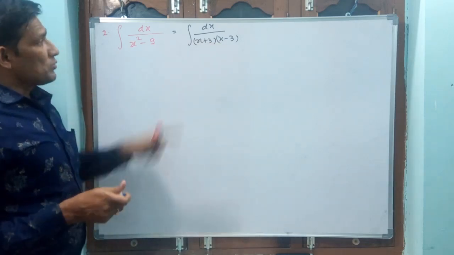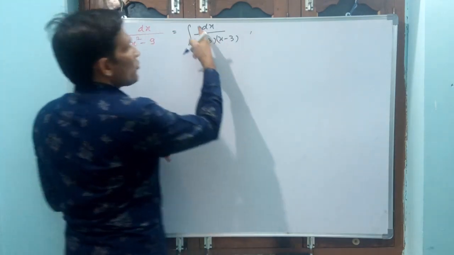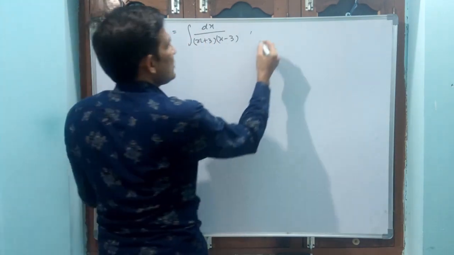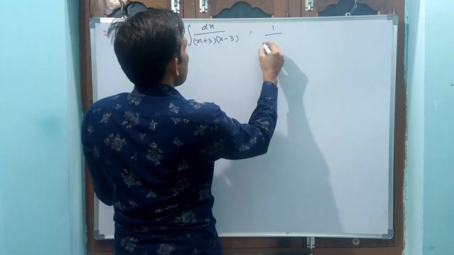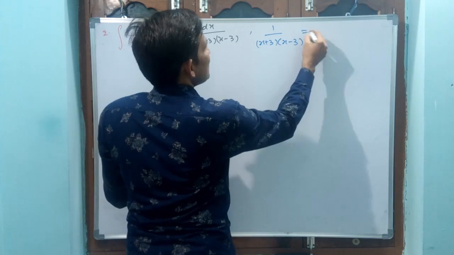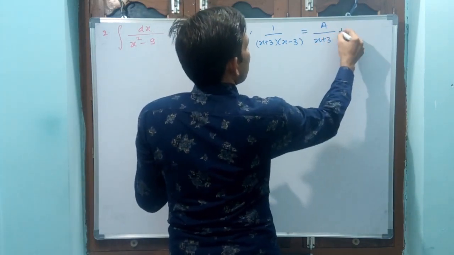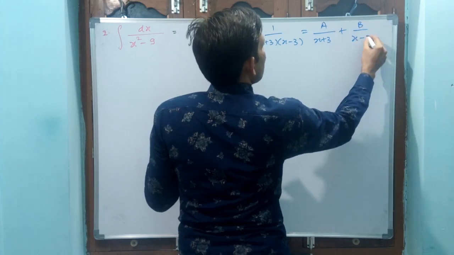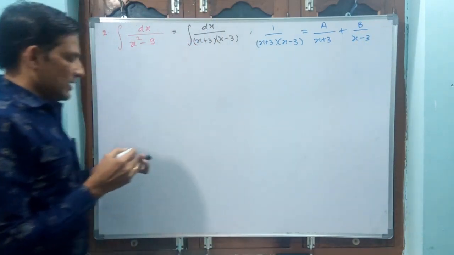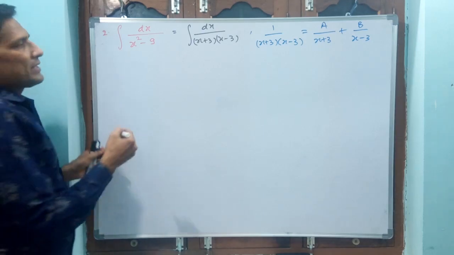Now you have to split this. How we are going to split? You see how I am doing. Here the numerator is 1. 1 by x plus 3 into x minus 3 is equal to a by x plus 3 plus b by x minus 3. Like that you have to take. Then proceed further.